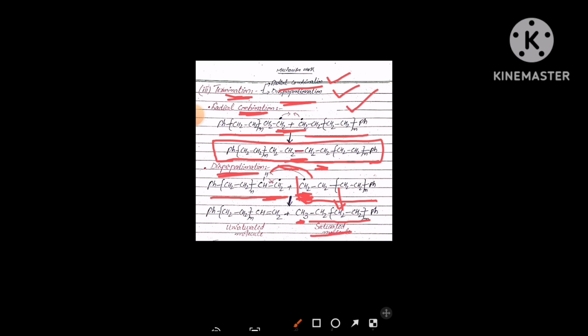Now what happened in the other? This hydrogen left its free radical on the carbon, and this free radical and the free radical already present make a bond as a pi bond, and this is an unsaturated molecule. Both molecules are stable now. This is the saturated molecule, this is the unsaturated molecule. This type of product formation is called disproportionation. So in the termination step we have seen two ways: radical combination, where the chain is stopped, and disproportionation, where the chain is stopped and two different products are formed.